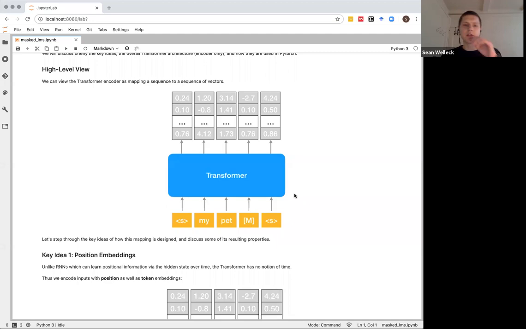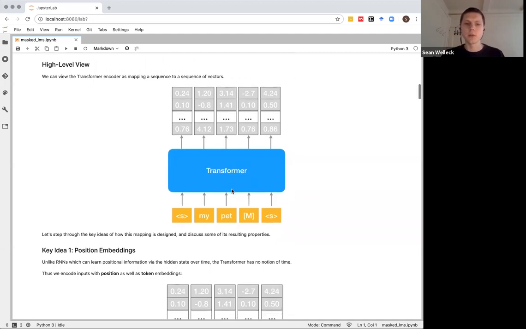And what is this transformer doing? Just at the highest level, it's receiving some input sequence. So here we can actually see that the input sequence contains this masked token. And then at a high level, it's doing some nonlinear transformations. And at the end, you get a vector, and it's one vector per position of the input.